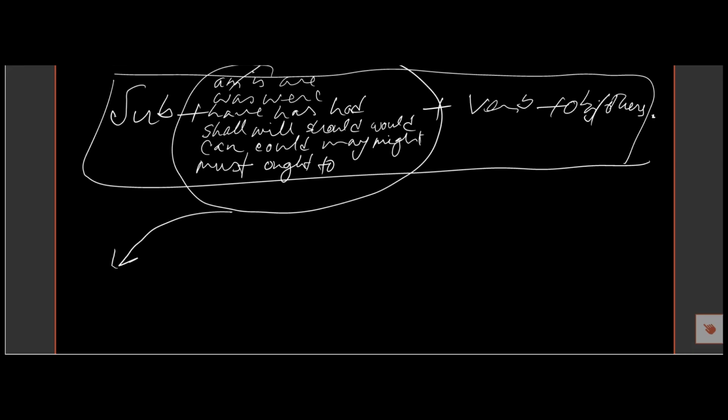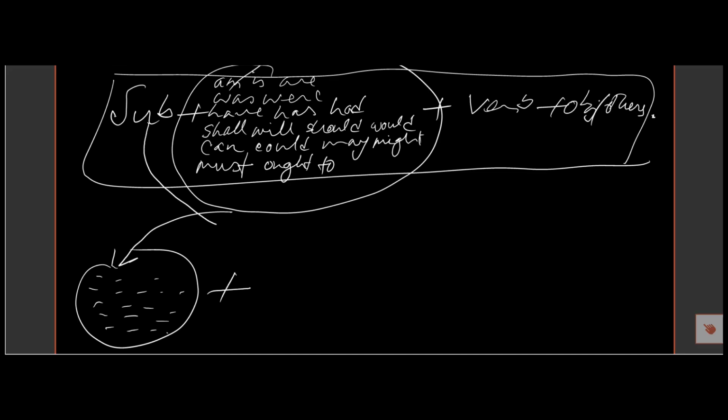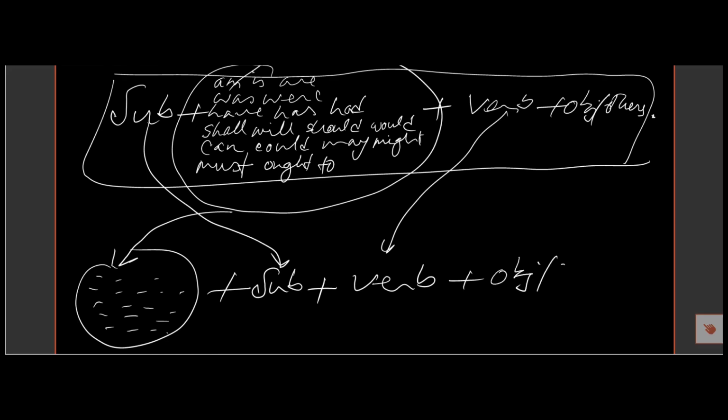So if there is am, the am will come first. If there is will, it will come here. So any one of these will come first, and then the subject, and then the main verb, if there is a main verb, and then object or others.